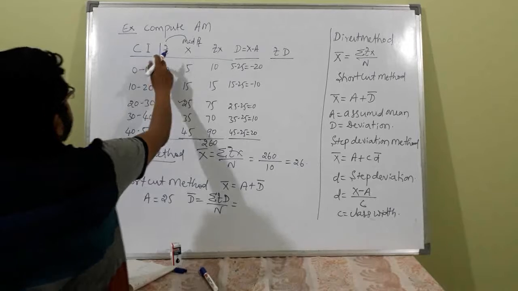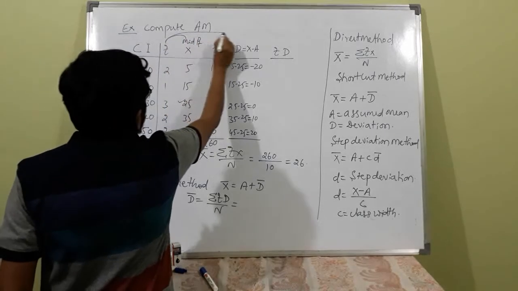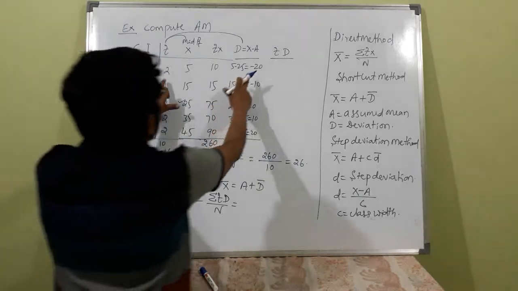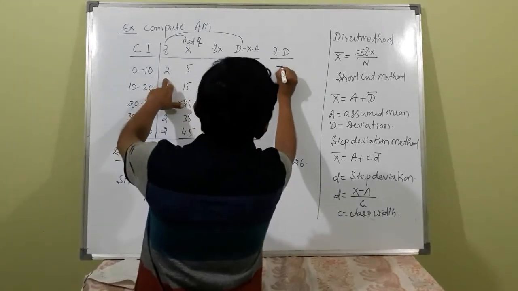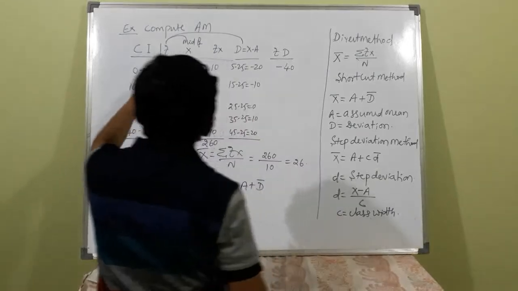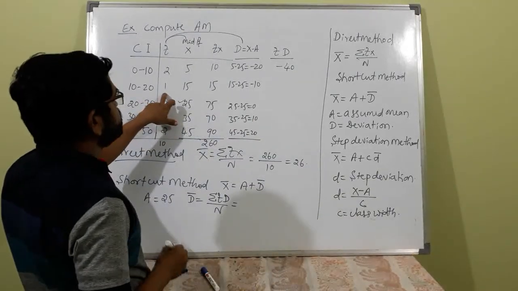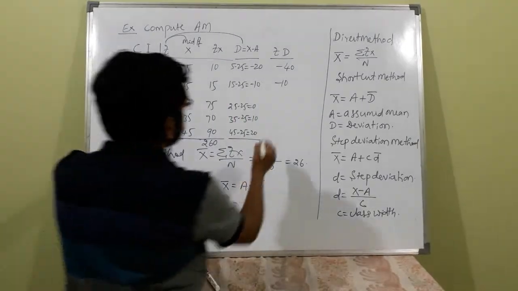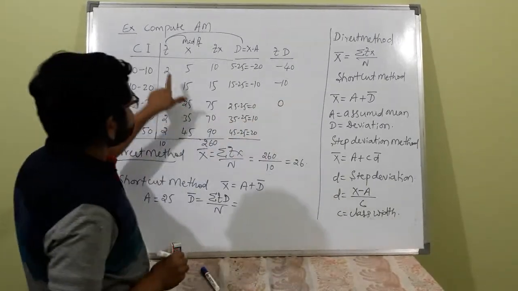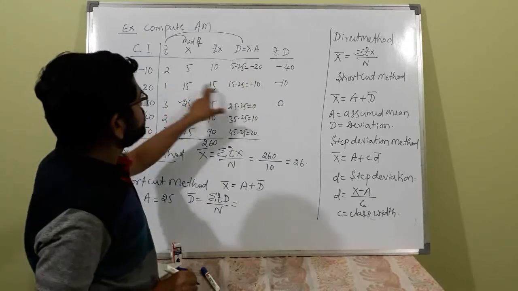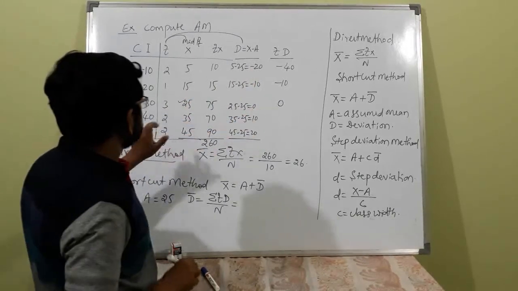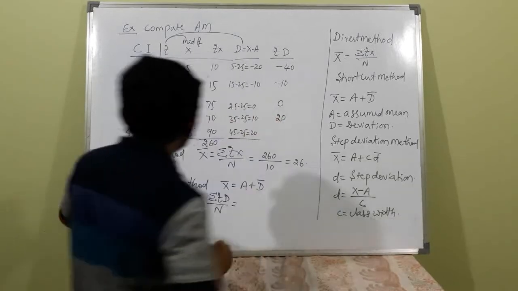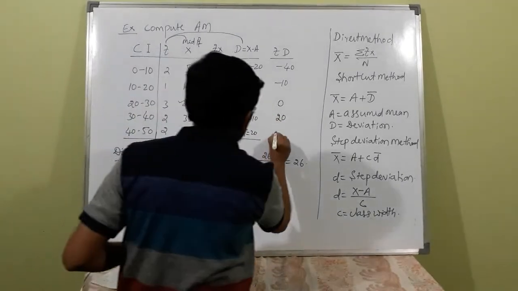That means this f and d, f and d, 2 into minus 20, minus 40 it is. 1 into minus 10, 3 into 0, 0. You got it? 2 into 10, 20, 2 into 20, 40.